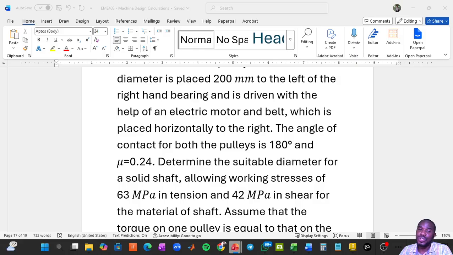There is a relationship between the tensions of the belts that go across the pulley and the angle of contact of the pulleys with the coefficient of friction. I will give you that relation shortly, and that's what we will use to determine the torques at both points, but also the tension.